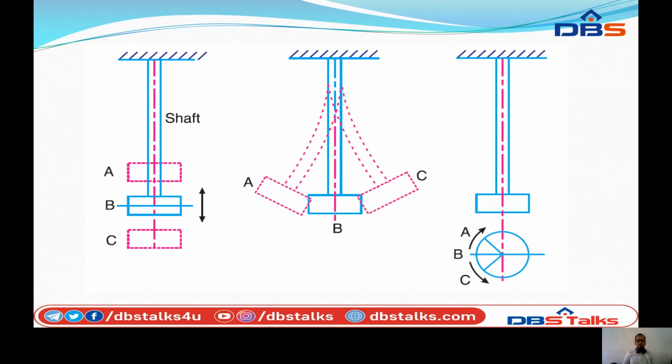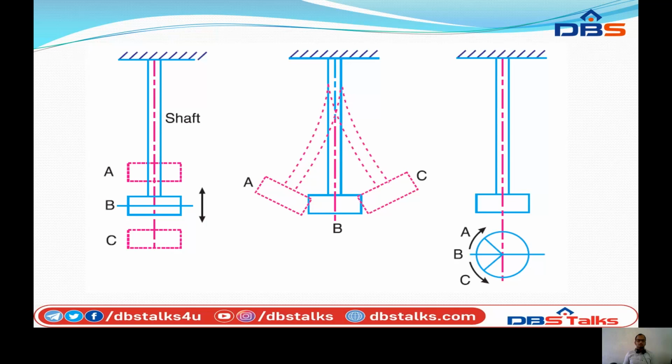Now the transverse vibrations: when the particles of the shaft, that is the disc, move approximately perpendicular to the axis of the shaft, then the vibration is known as a transverse vibration. In this case, the shaft is straight and bent alternately. Bending forces are introduced.